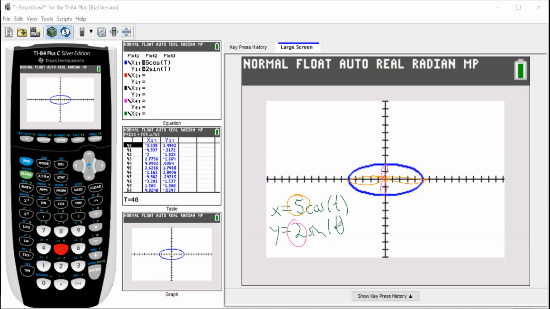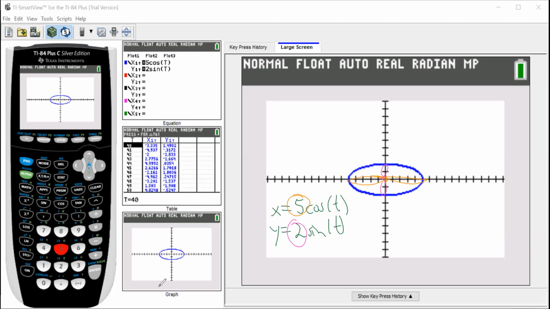So for an ellipse in these parametric equations, when they're set up as x equals something times cosine and y equals something times sine, the thing being multiplied by the cosine gives us the distance we go in each direction on the horizontal axis, and the thing being multiplied by the sine tells us how much we go in each direction on the vertical axis.